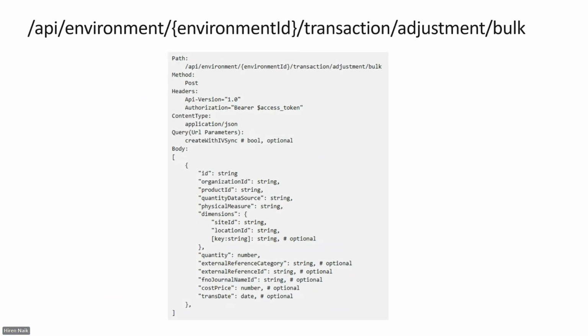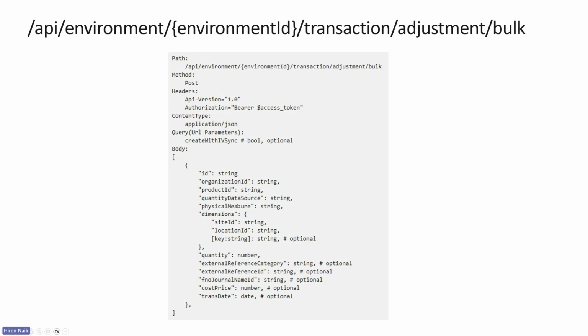This is the new API and the JSON schema for the new API. In this JSON schema, you can notice that it's pretty simple and very in line with our other APIs which the inventory visibility service exposes. In this new adjustment API, you will have to specify the legal entity, the product, the data source, and the physical measure.